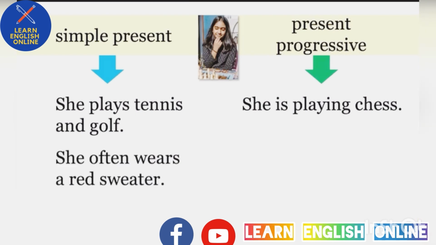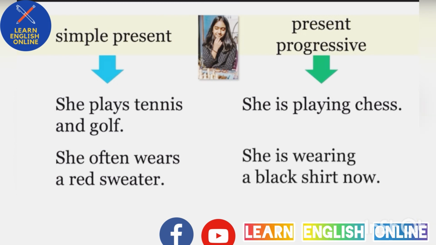I said she often wears a red sweater, but I told you she is wearing a black shirt now. Look at the signal words. Over here, often shows us that it's simple present, and now shows us it is present progressive.